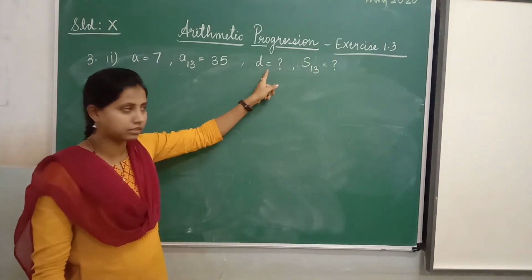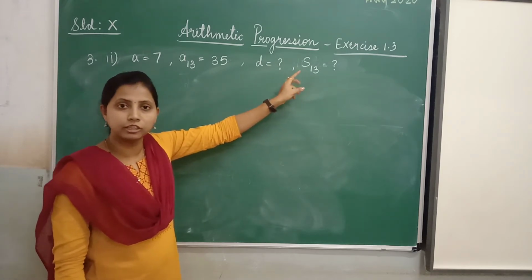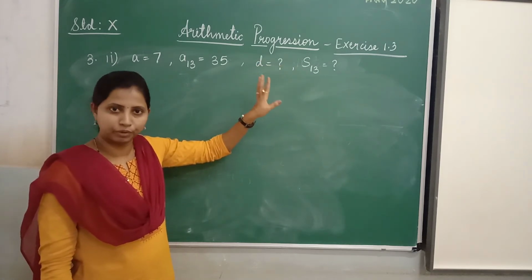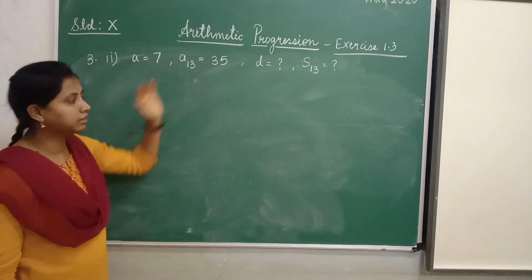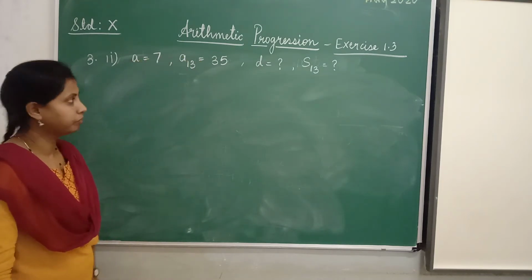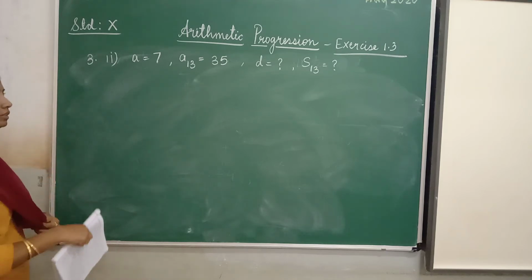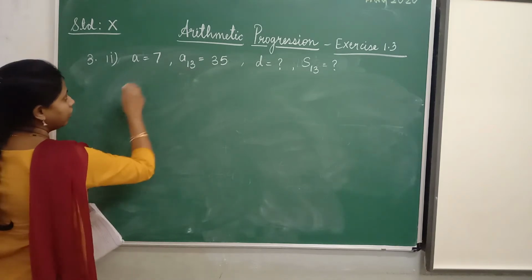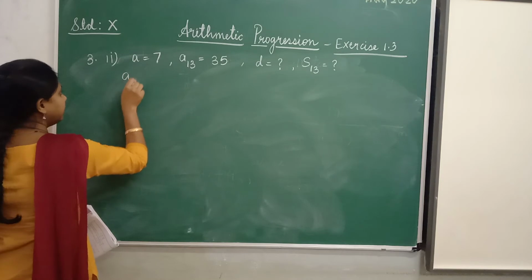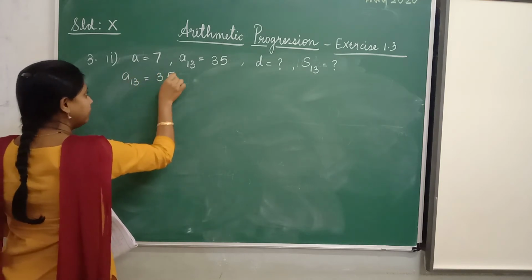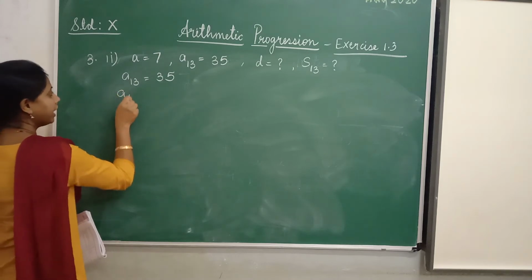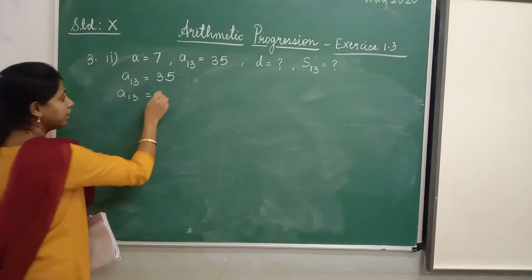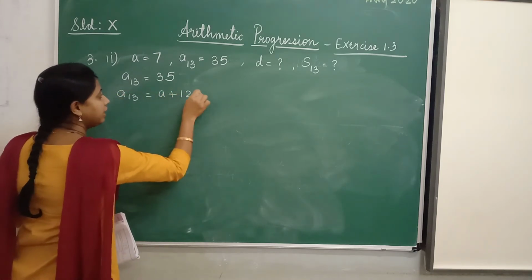D is the difference and S13 is nothing but the sum of 13 terms. You have to find based on these given things. The first term is given and the 13th term is given. Okay. Yes. Now how to find, children? So right now use this. A13 is equals to 35. Now this I can write as A13, we can find it by a plus 12d.